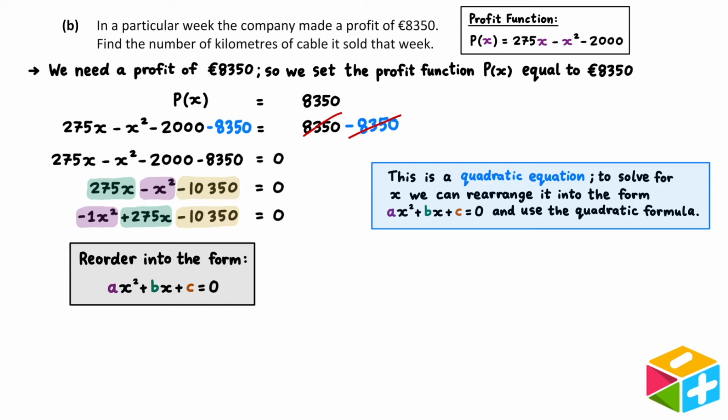Writing things in this format will make the application of the quadratic formula a lot easier. I've also rewritten the minus x squared as a minus 1x squared. Again, the reason for this is that it will make it easier to apply the quadratic formula.